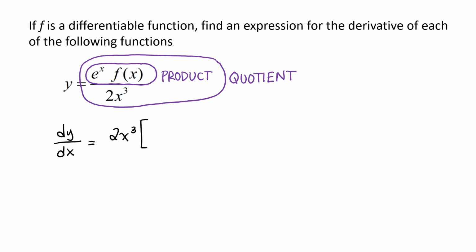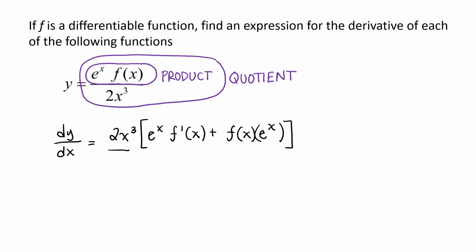So that will be the first function, e to the x, times the derivative of the second function, plus the second function, times the derivative of the first. And the derivative of e to the x is still e to the x. So this was our little inside product rule. Now back to our quotient rule.